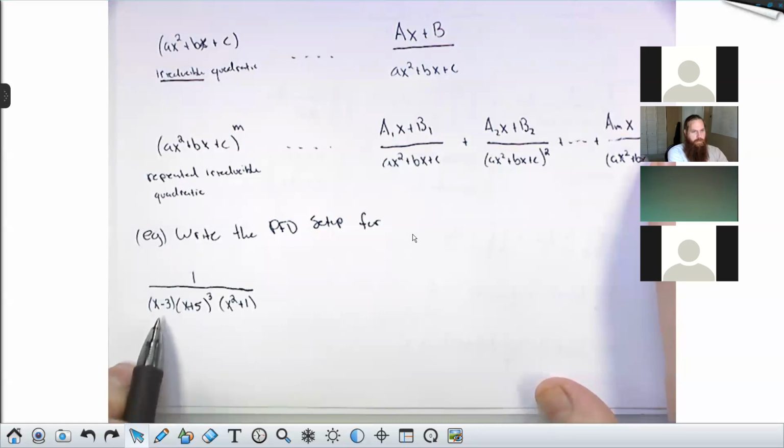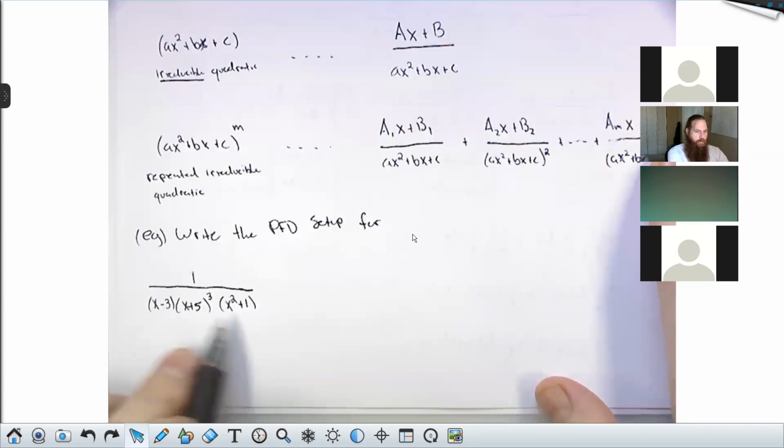This is a simple linear factor. This is a repeated linear factor. And this is an irreducible quadratic factor.